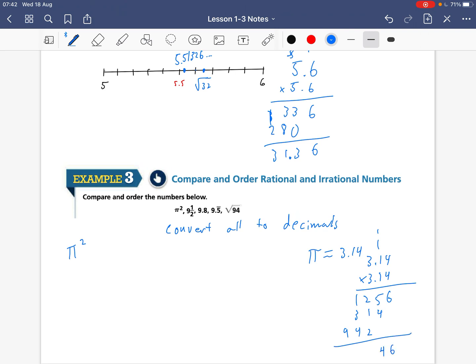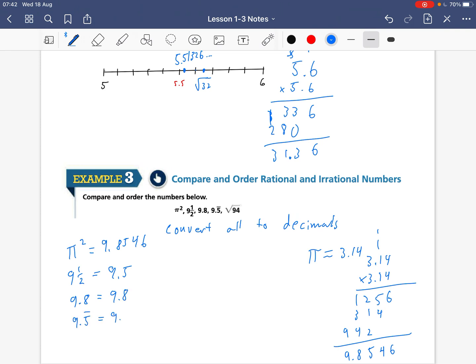Add those up. 6, 9, 5, 8, 9. So it's approximately equal to 9.8546. The next one, 9 and 1/2. Well, that one's nice and easy, 9.5. The next one, 9.8, is already a decimal, 9.8.